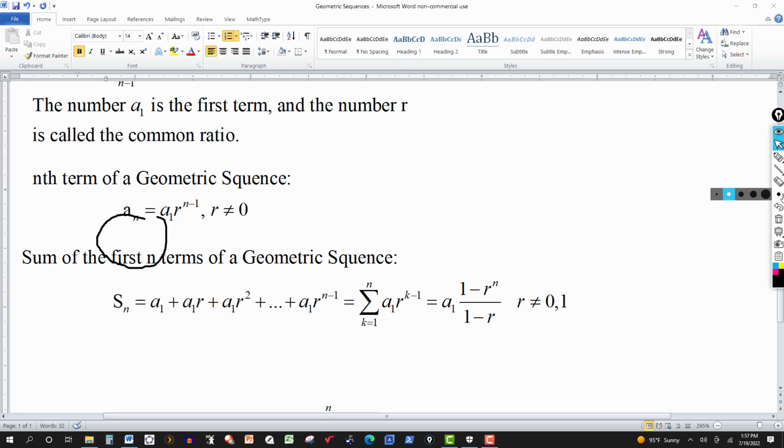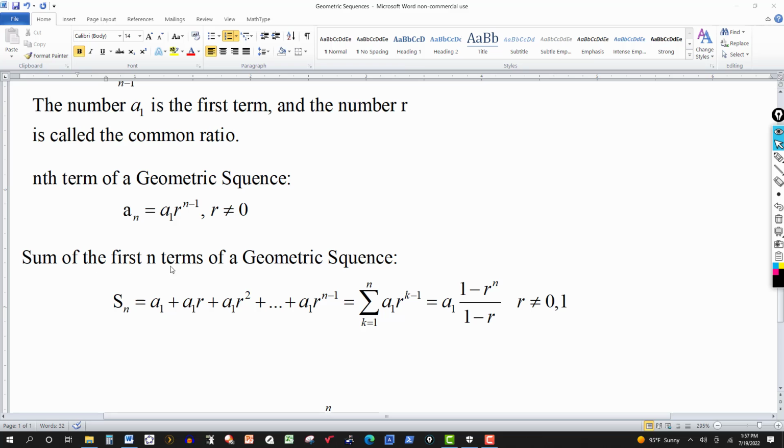And same thing we had with the arithmetic, we can find the nth term using this formula. A sub n, or the nth term of the geometric sequence, will always be the first term times R to the n minus 1, where n is the nth term. R cannot be 0.